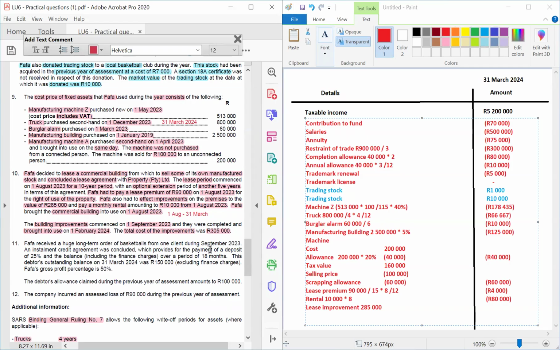So the lease starts on the 1st of August. But now the lease improvements are completed on the 1st of February, right? But the year end is on the 31st of March. So now, how many months have passed from the 1st of August to the 1st of February?